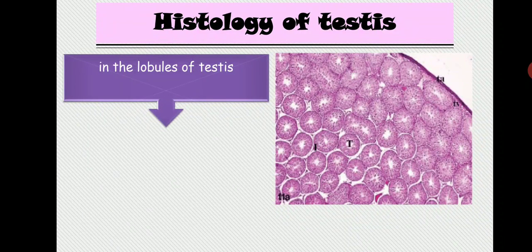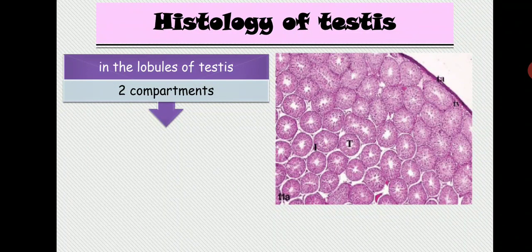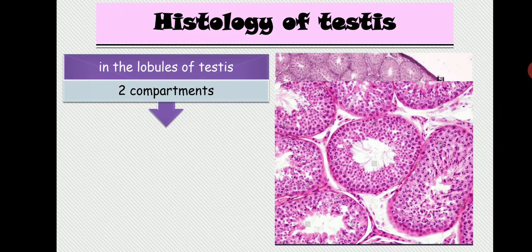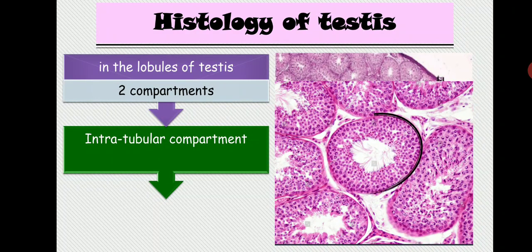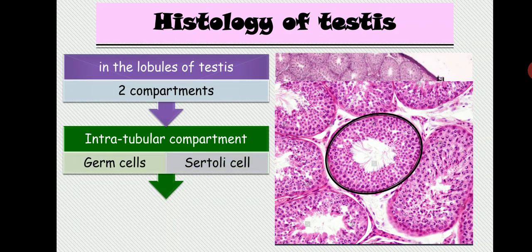In the lobules of the testes there are two compartments. This is the magnification of this picture. This one is the tubular compartment that is shown over here. Inside this tubular compartment there are germ cells and the supportive cell, that is the Sertoli cell.